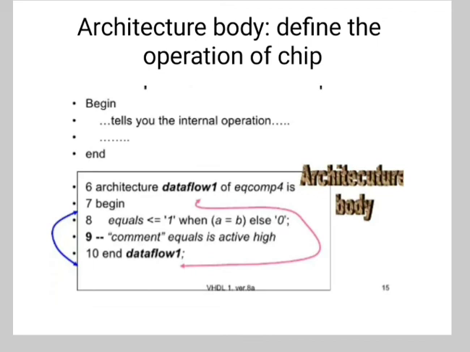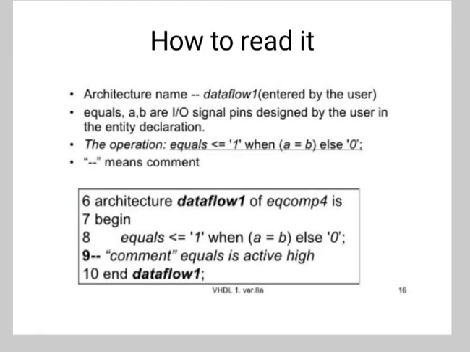Now here an example is given, that is architecture data flow 1. The data flow is the name of the architecture. So architecture data flow, and the architecture ends with end data flow, that is the name of the architecture, and in between that the relation or the program is written. So how to read it?